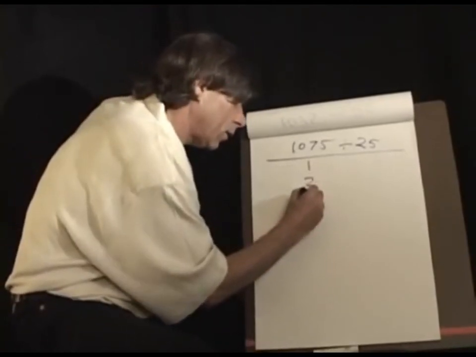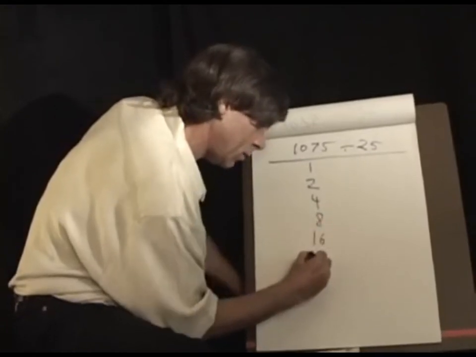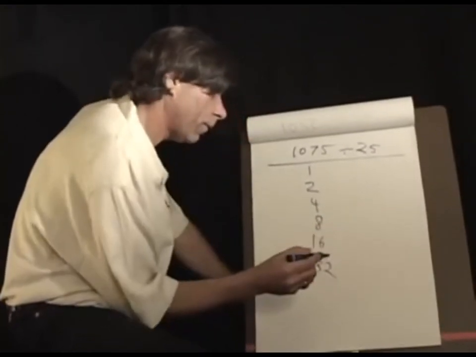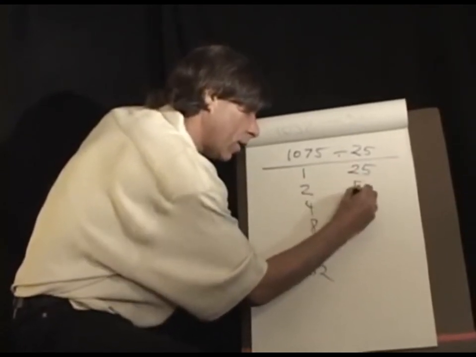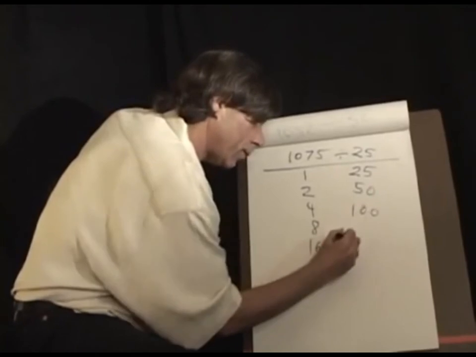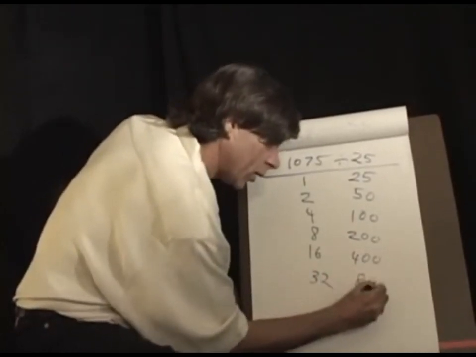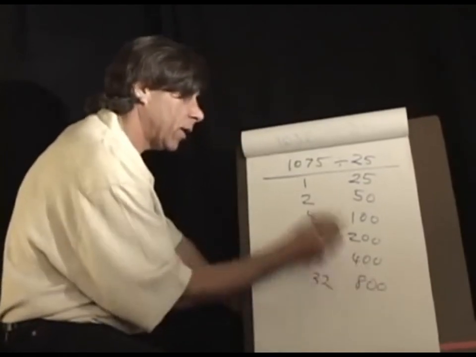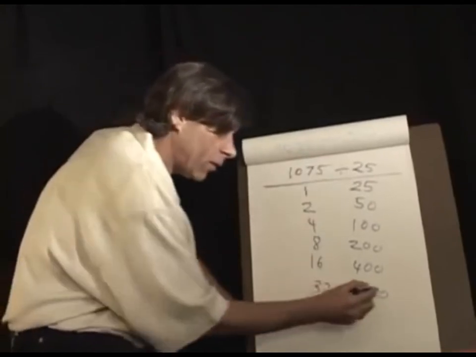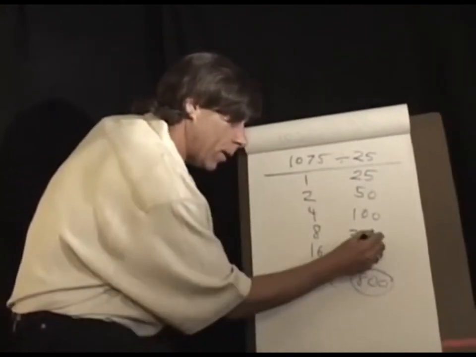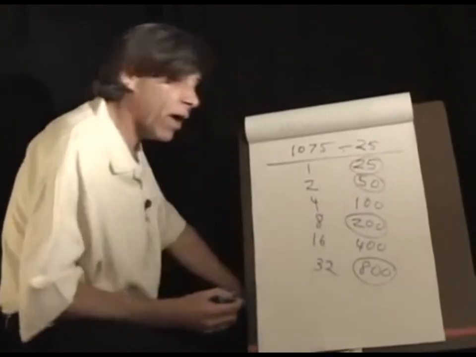Simply write out the powers of 2, 1, 2, 4, 8, 16, 32, and so forth. Here again, just the doubling of 25, 50, double that, 100, 200, 400, 800. I stopped there because if I went further, it's 1600, which is larger than 1075. And I know that 1075 is 800 plus 200 make 1000, and 50 and 25.